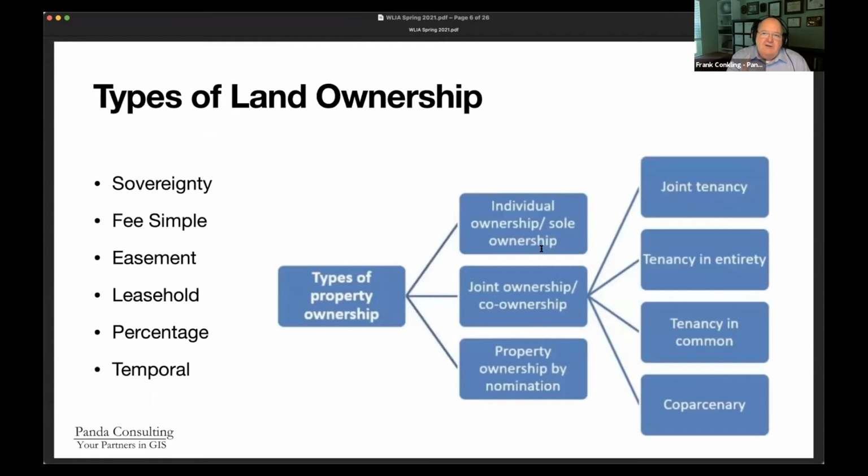As we dig into this a little bit further, we get into all of these various types or gradations of land ownership. We have the sovereignty. The sovereignty, again, originally owned the land, they controlled the land, and then they started granting out all of these rights, with fee simple being the most complete that an individual can have.